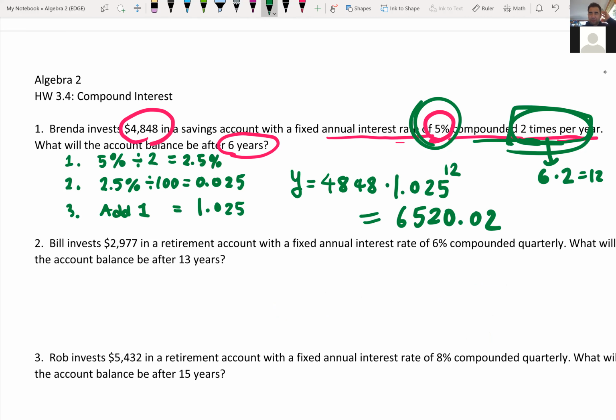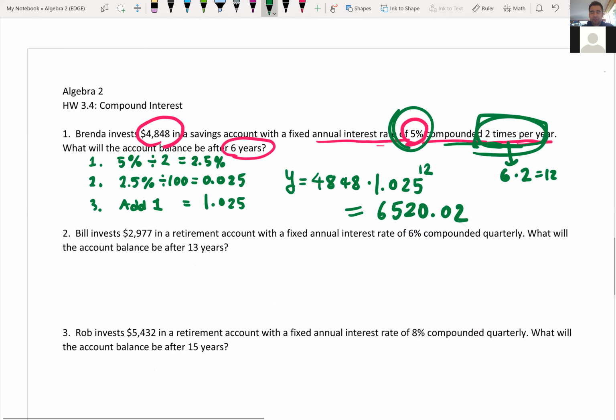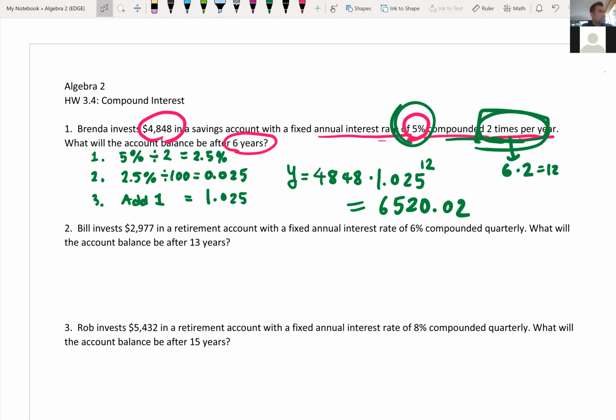Okay. Number 2. This time you do this by yourself. Okay, how do you do number 2?